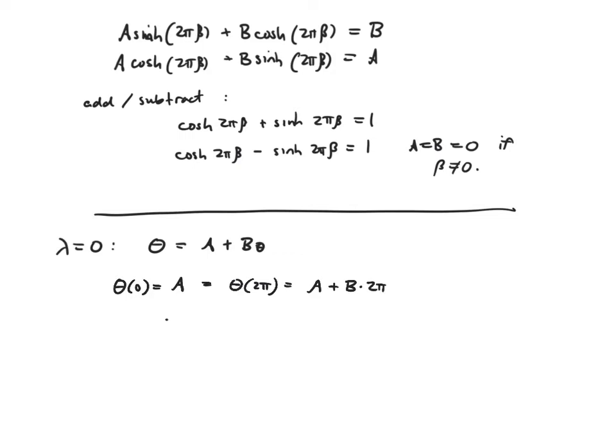So that means that A equals A plus 2 pi B. And, well, last I checked, that probably means B equals 0. That's the way that one works.